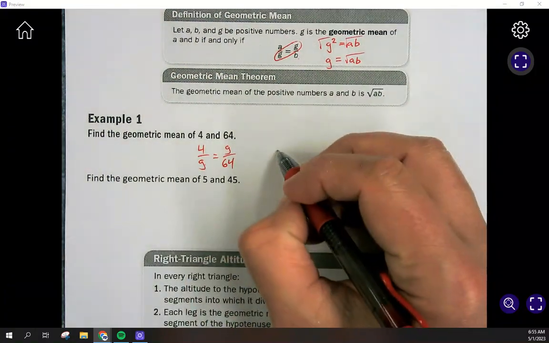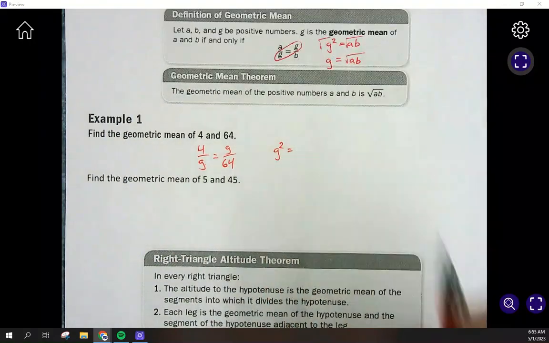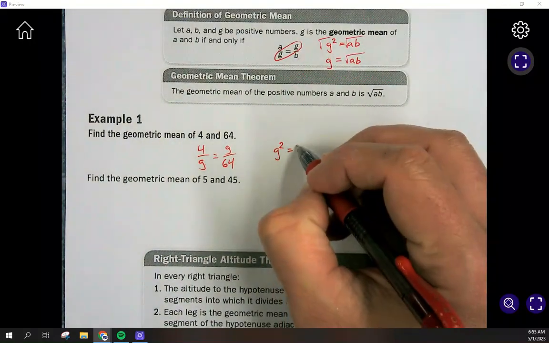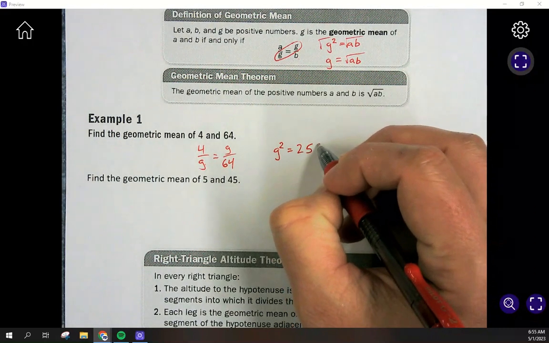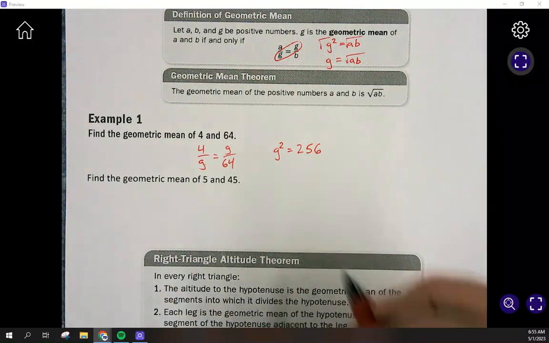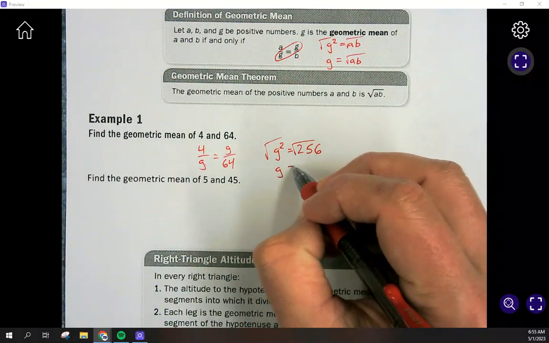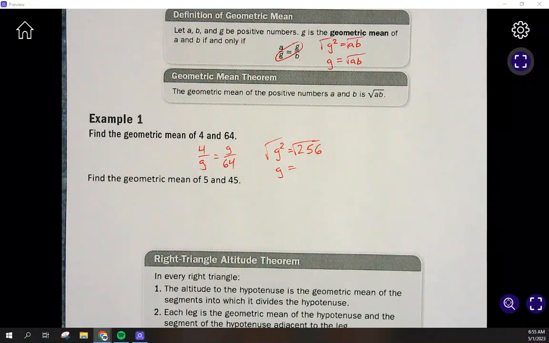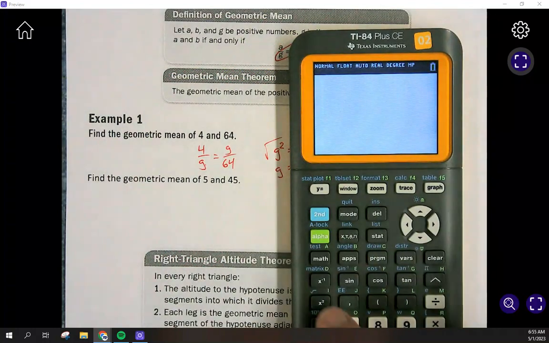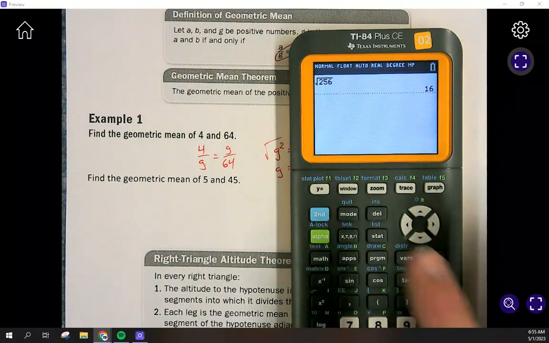So g times g is g squared. 4 times 64 is 256, and then I'm going to square root to try and find g, which represents the geometric mean. And the square root of 256 is a nice number. We can go ahead and just plug that in. It's 16.